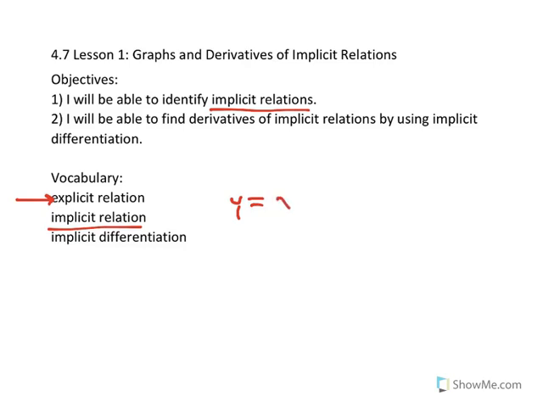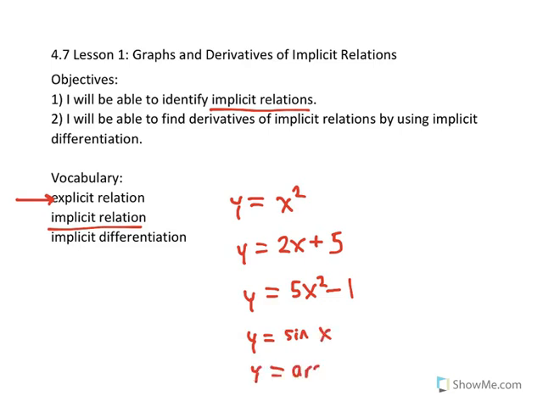For example, y is equal to x squared, or y is equal to 2x plus 5, or y is equal to 5x squared minus 1. These are all examples of explicit relations. Even y is equal to sine x, y is equal to arc cosine of x. These are all examples of explicit relations because they define y as a function of x.